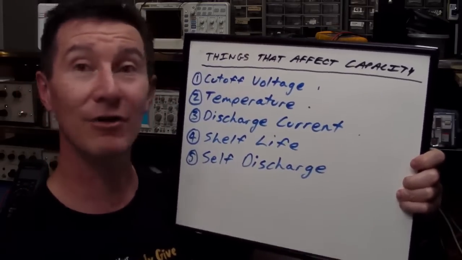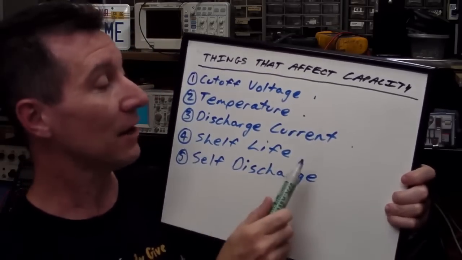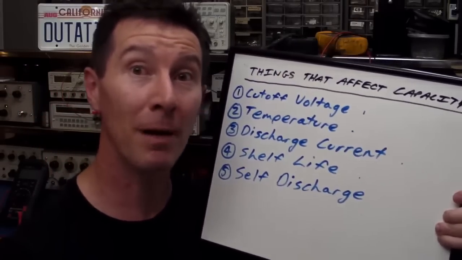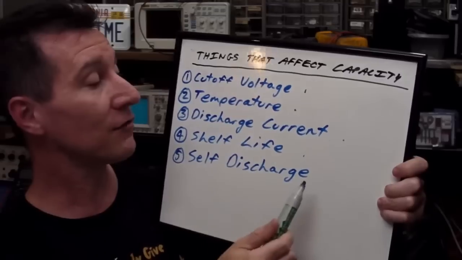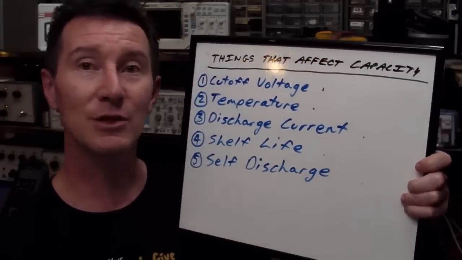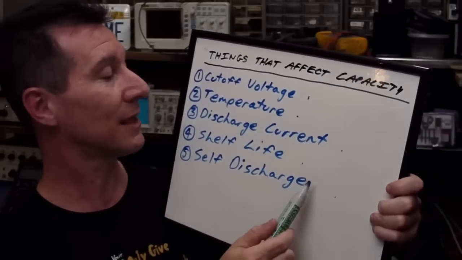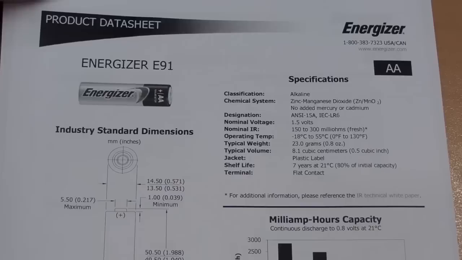The discharge current or the discharge power or whatever you determine, the discharge rate. The shelf life of the battery will affect it as well. If it's a 2-year-old battery, it will have lost some of its initial capacity. And then you've got the self-discharge as well. Some batteries are a lot better than others at self-discharge, and that's tied into shelf life as well. So let's look at these.